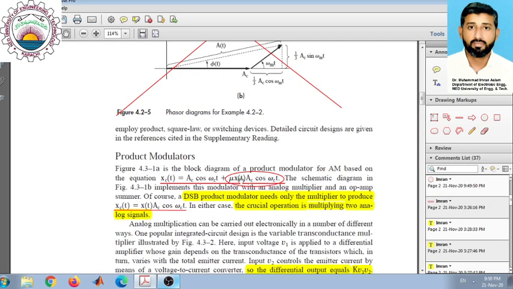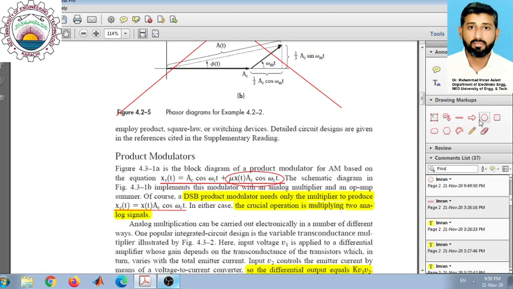A_c and μ are constants, so for the time being we can just ignore them because they are only constant multiples. The main time varying component that we see in our waveform appears in the form of a product or multiplication. So the basic component of the AM modulator is the product of the message signal and the carrier wave.